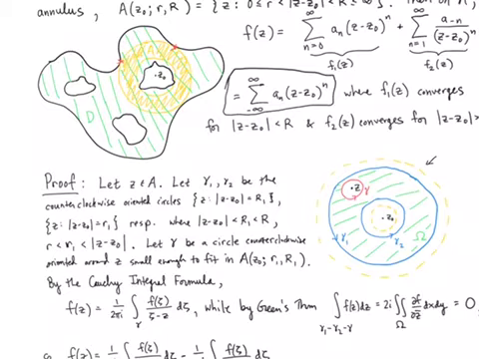So we're going to take our gamma 1 here is this blue curve where we've just moved in a little bit from the boundary of the annulus itself. And our gamma 2 is going to be, we're just going to move in just a little bit from the boundary there. Okay, so that's the first setup.